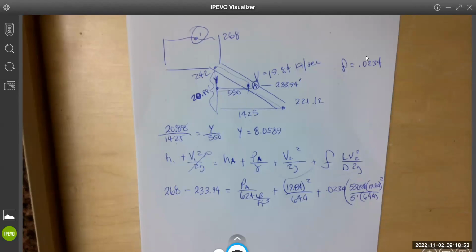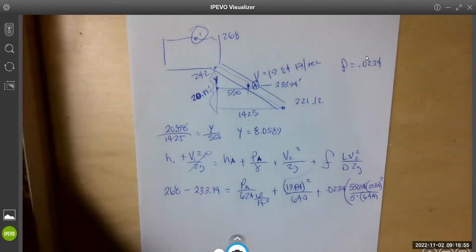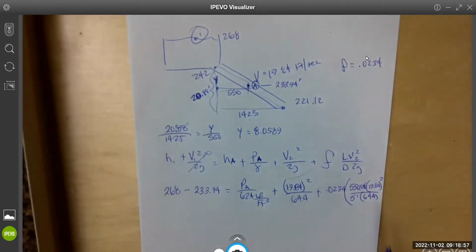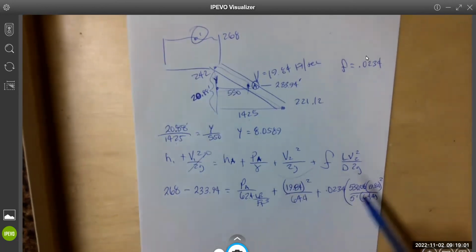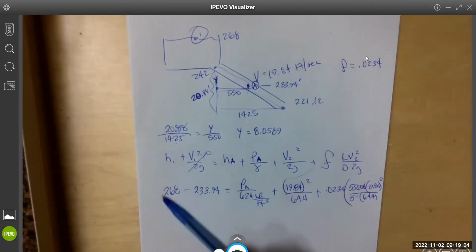So I'm just going to boil some things down into numbers. Get all this as a number, get this as a number. Then all of that gets subtracted from this side.